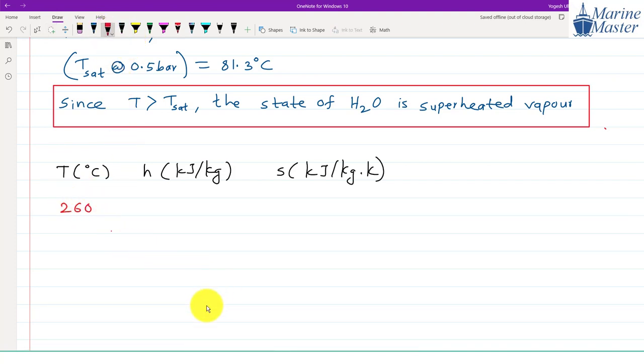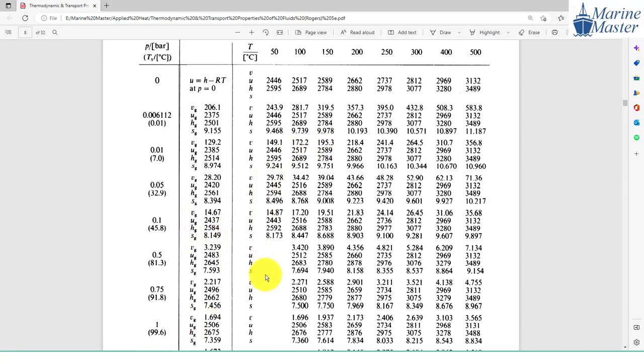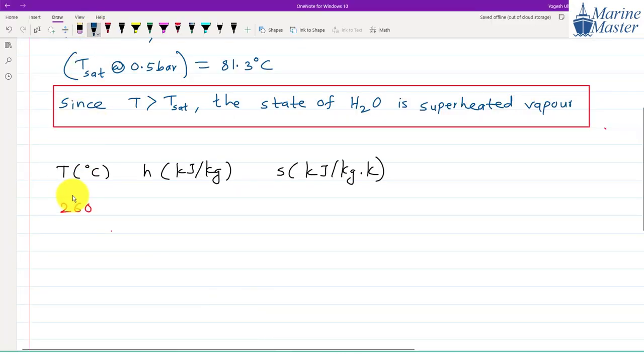This 260 in the property table lies between which two temperatures, guys? It lies between 250 and 300. So this is 250, and here we have 300 degrees Celsius.